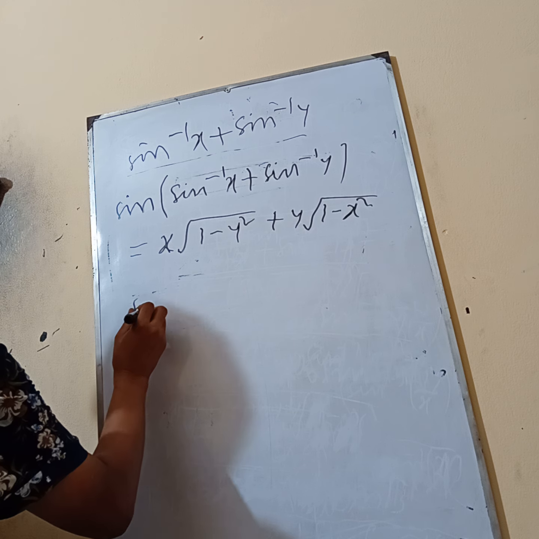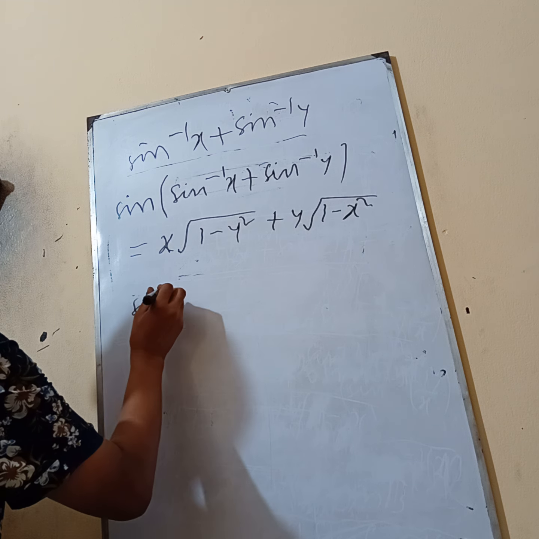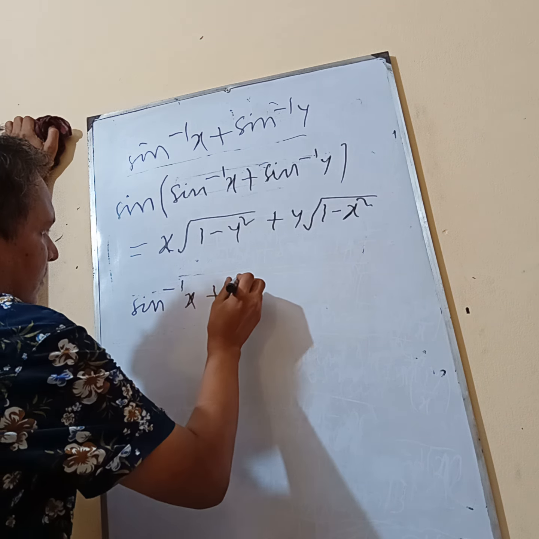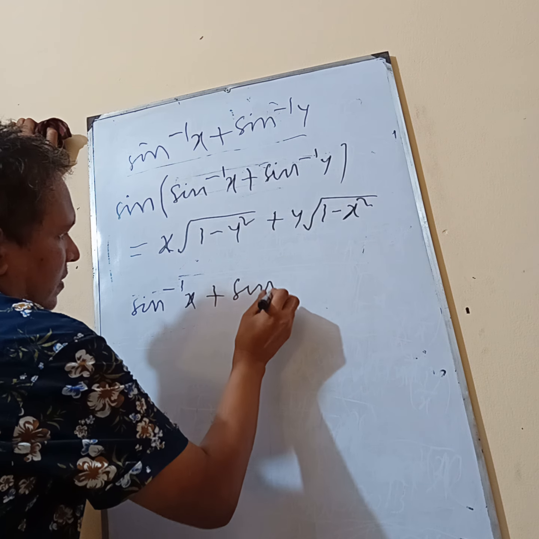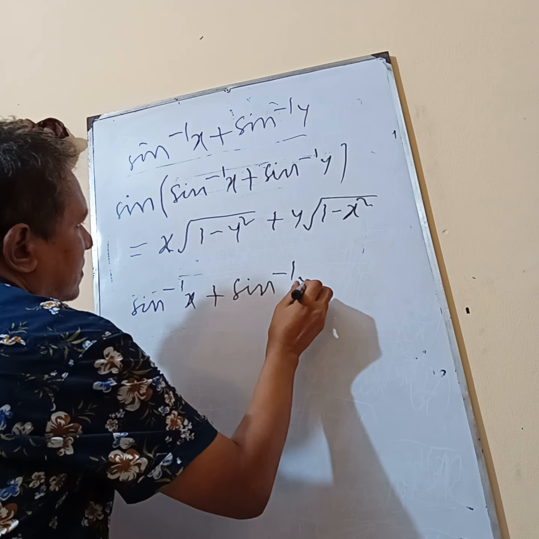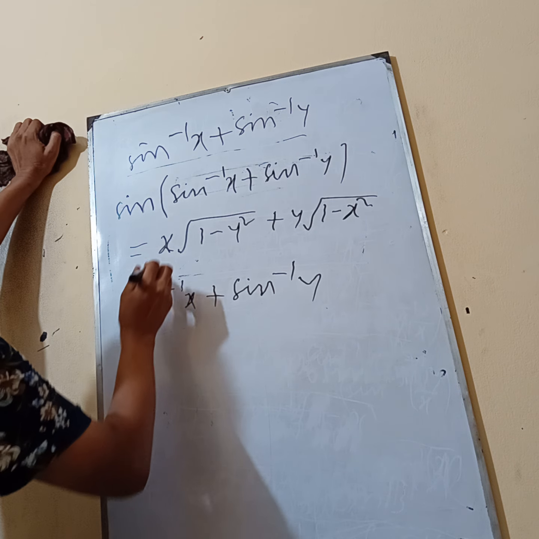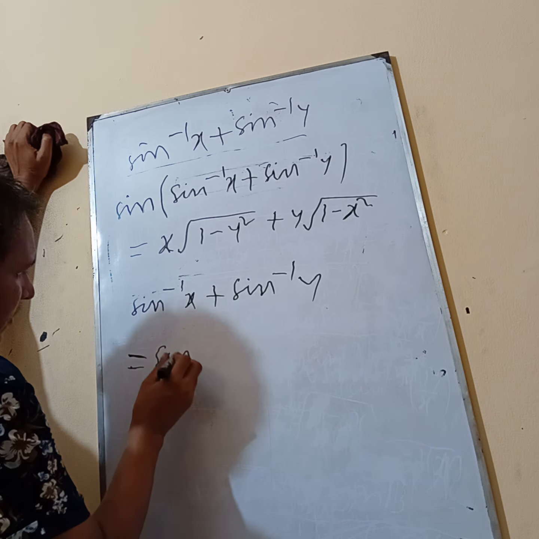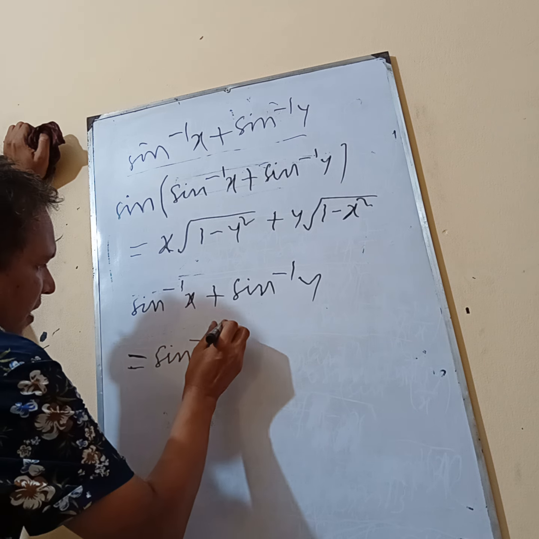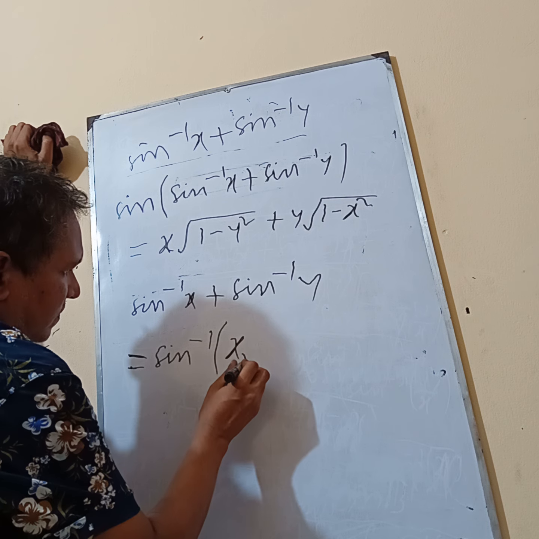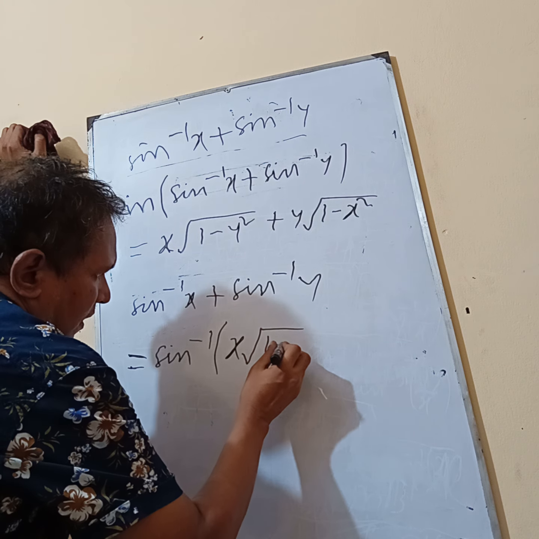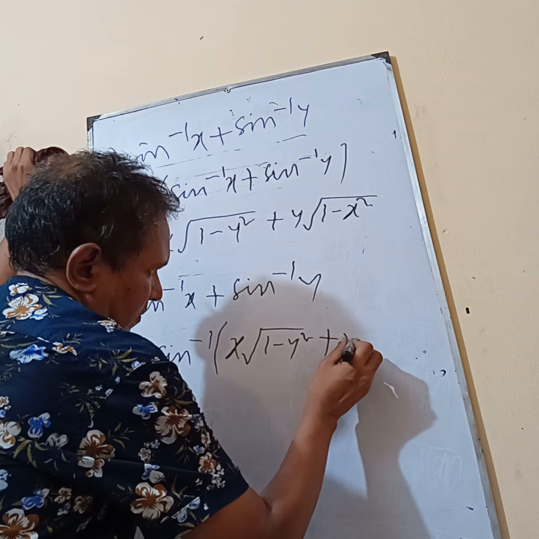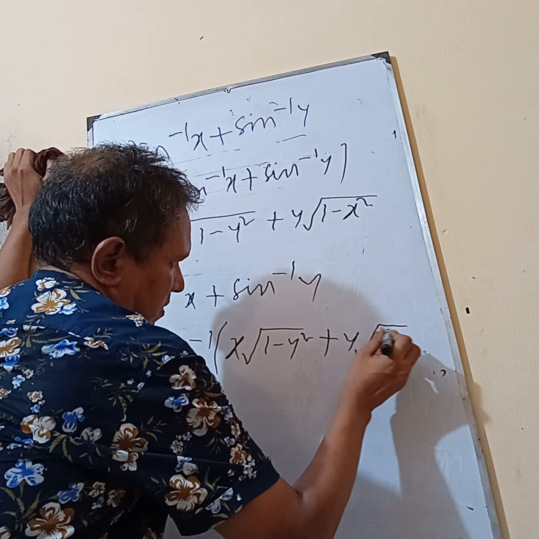So sin inverse x plus sin inverse y is equal to sin inverse of x root of 1 minus y square plus y root of 1 minus x square.